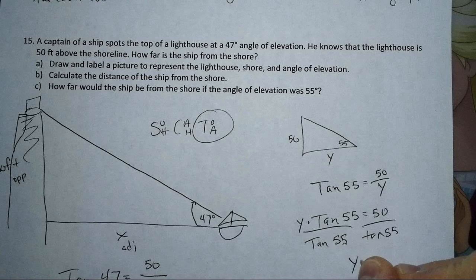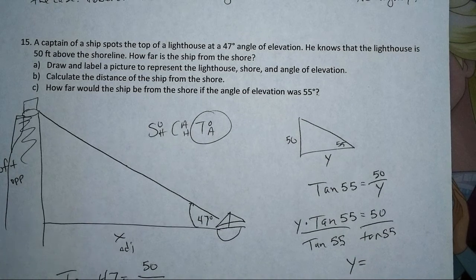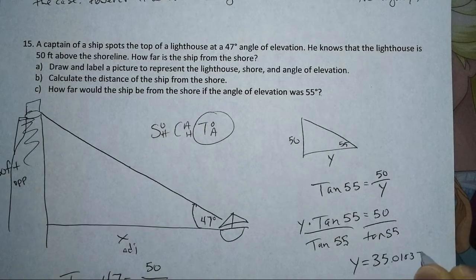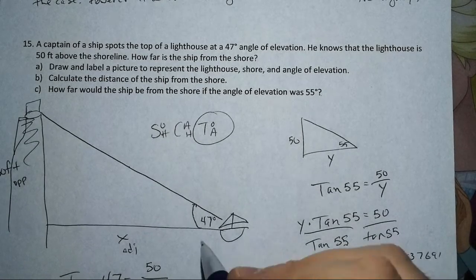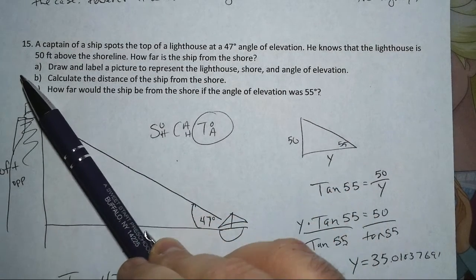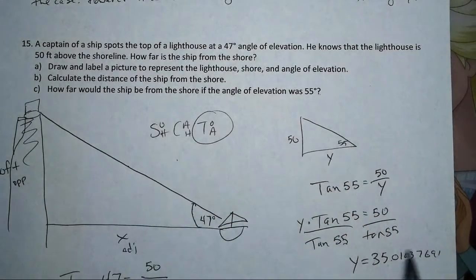And we'll figure out that y is equal to 50 over tangent 55, enter. And here we're going to get 35.01037691, which should make sense because as this angle increases, the boat has to get closer and closer. So that's why this is less.